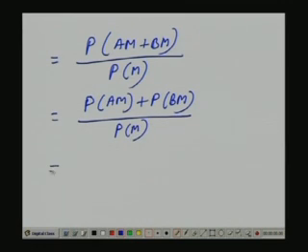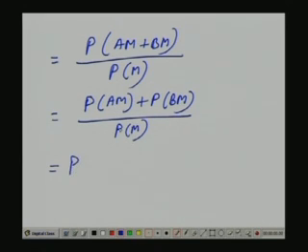And P(A ∩ M), after all, what is P(A ∩ M) by P(M)?